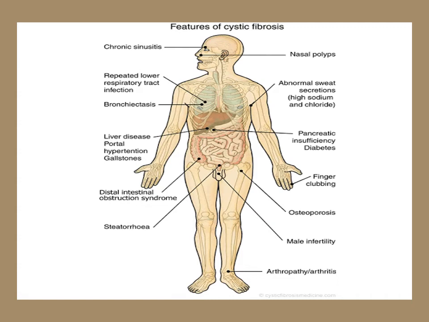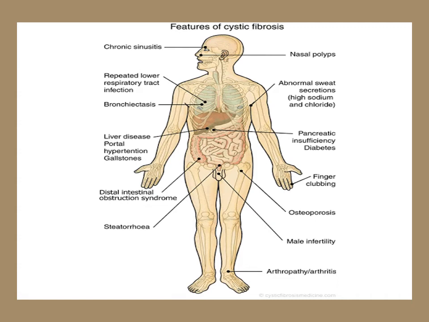Okay, pancreatic insufficiency. So all those enzymes that can't get into the gastrointestinal tract to help digest, in particular, fats, and absorb the fats and the fat-soluble vitamins into the body. Okay, diabetes, because the pancreas is gradually being destroyed.